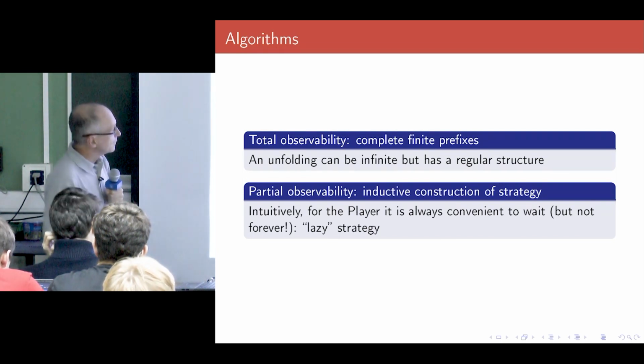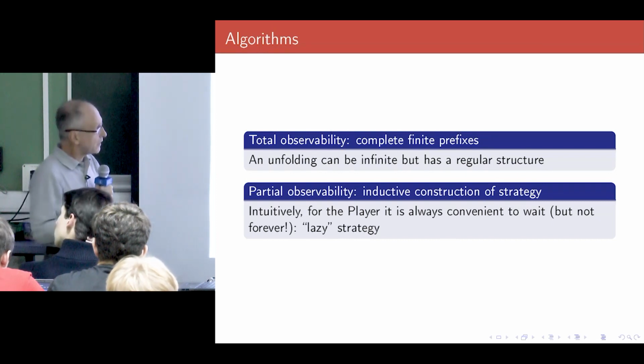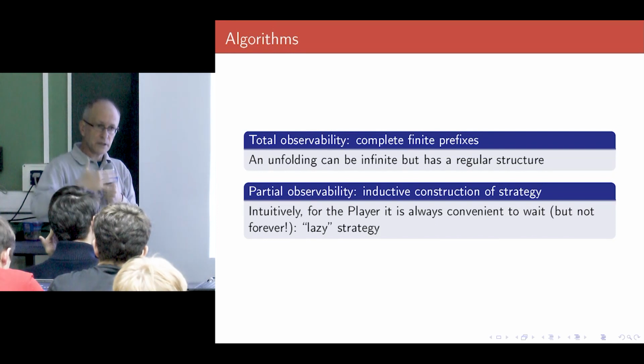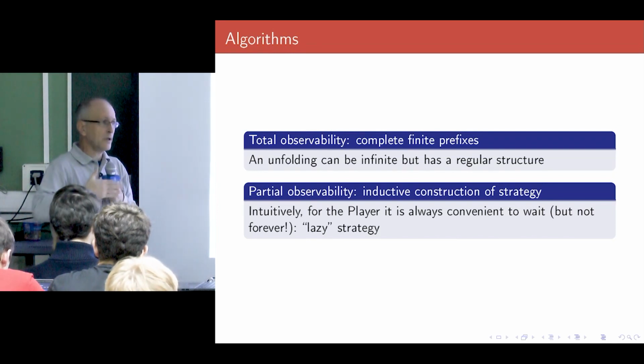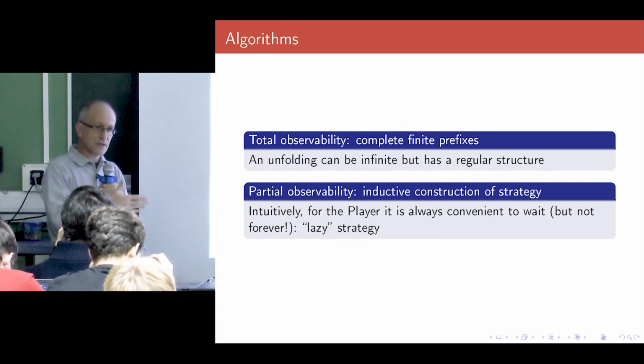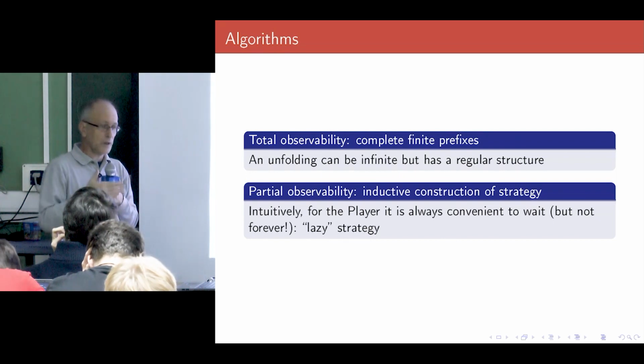And for partial observability, but actually this technique we think could be applied also to the other case, we are trying to construct inductively, step by step, a strategy which will be lazy in the sense that I described on the examples.